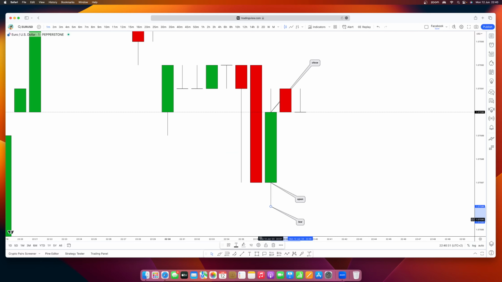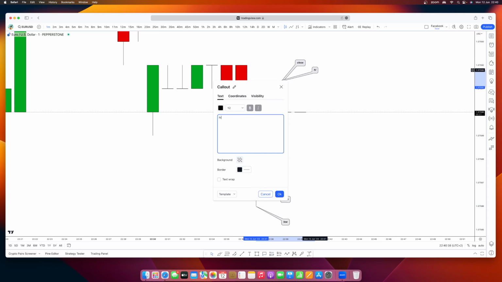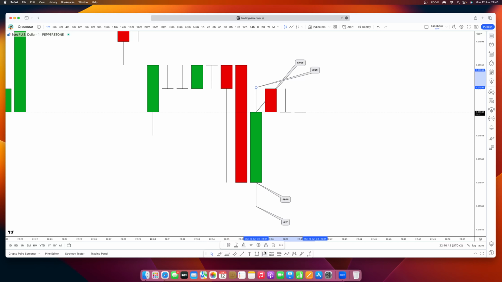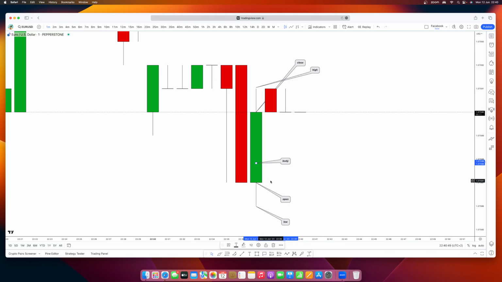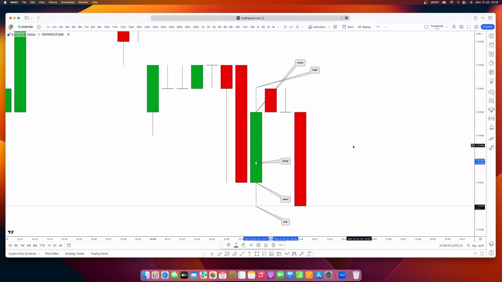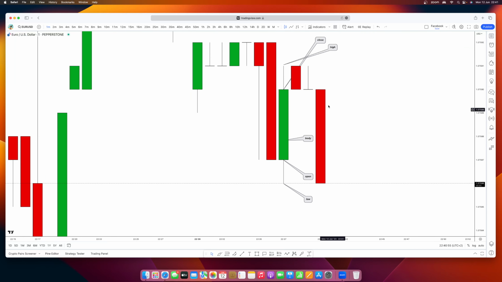And then this is going to be the high of the candle. And if that's the high, then this is going to be the body of the candle. So can you see? I just identified a bullish candle. And then, ooh, that's a big drop. Can you see? That's a big drop to the downside.